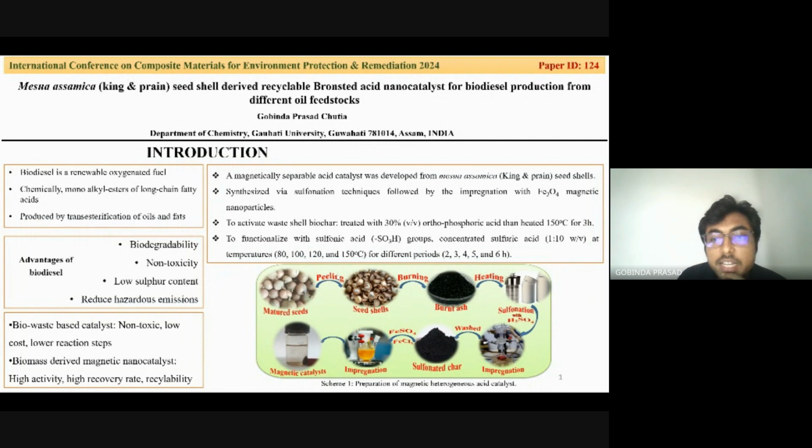The waste Mesua assamica seed shells were first burned in open air to make them ash, followed by thermal treatment to activate the biomass. After that, the sulfonation was carried out using concentrated sulfuric acid at a ratio of 1:10 at different temperatures from 80 to 150 degrees centigrade for different reaction periods.